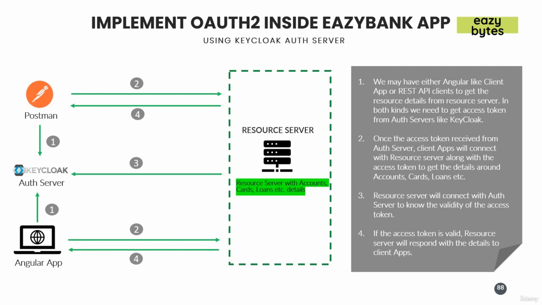The second step is to pass the same access token to the resource server while consuming the APIs it exposes. Once the resource server validates the access token with the auth server, it will respond with the successful response that my client application is expecting. These are the simple four steps, but don't worry if this seems like a complicated process. We will implement this step by step, and I can assure you it's very simple.